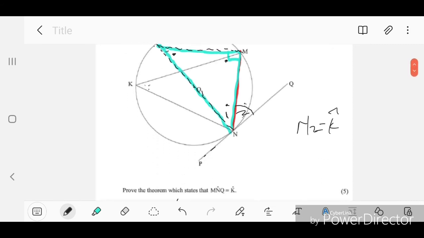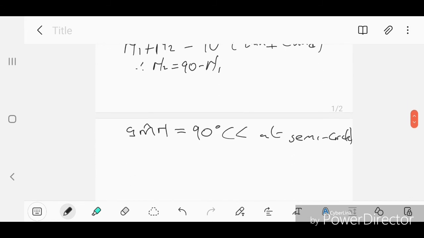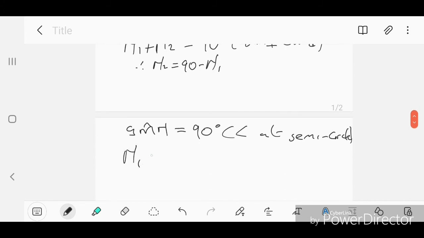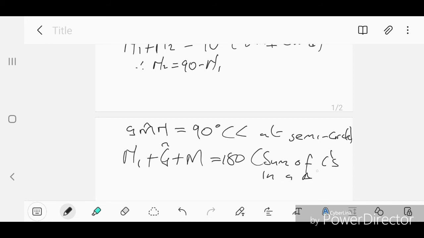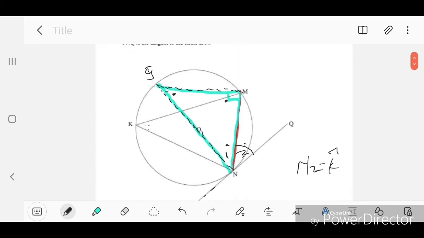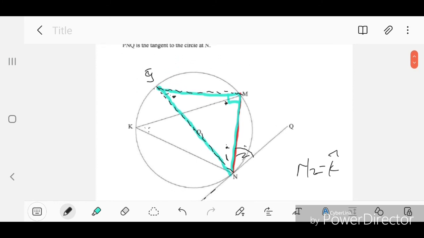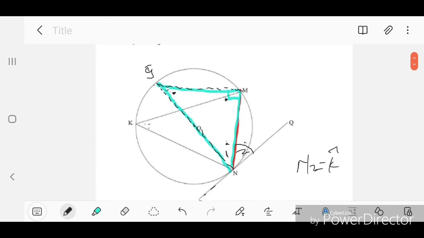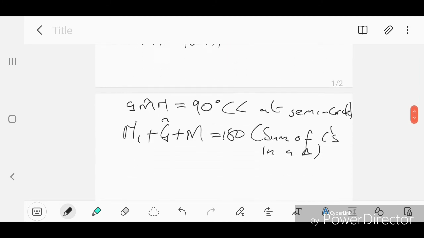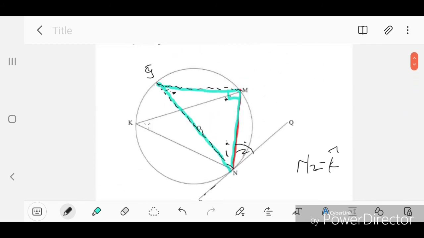So N1 plus G plus M equals 180 degrees, sum of angles in a triangle. We're going to write everything in terms of G. We make G the subject of the formula, and we already know that M is 90 degrees.